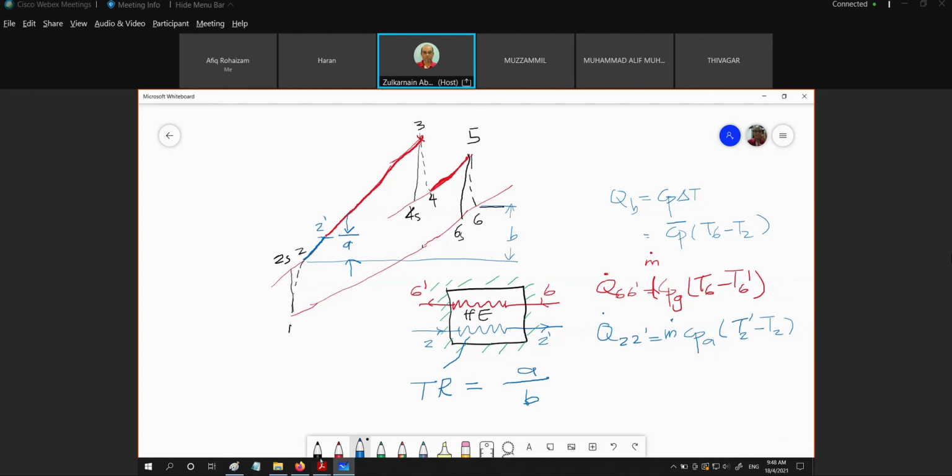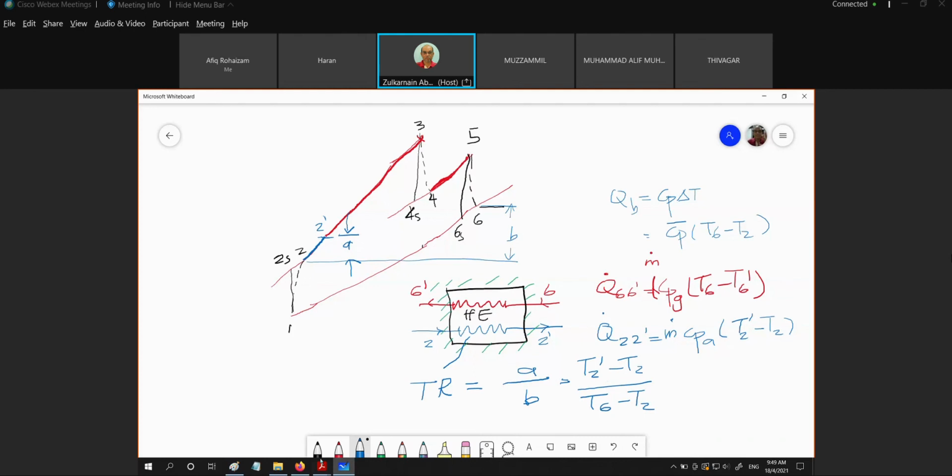So we can elaborate A as T2 prime minus T2, divided by T6 minus T2. This is the definition of thermal ratio.